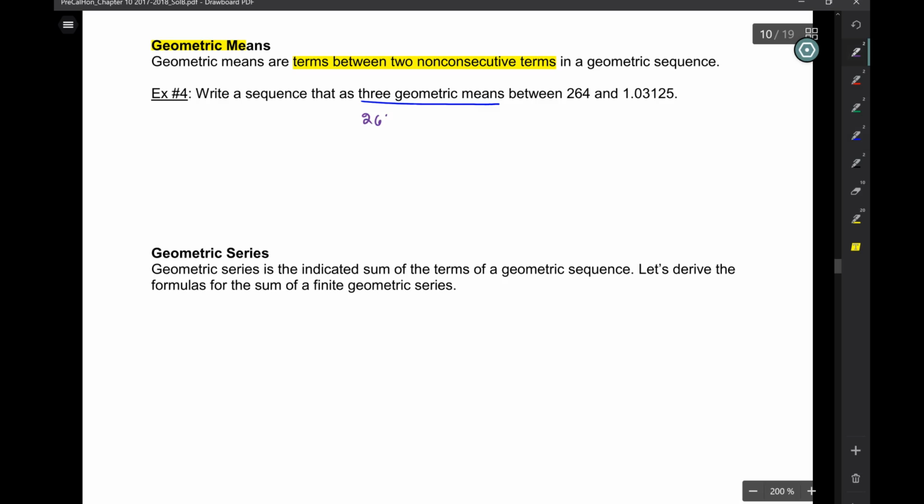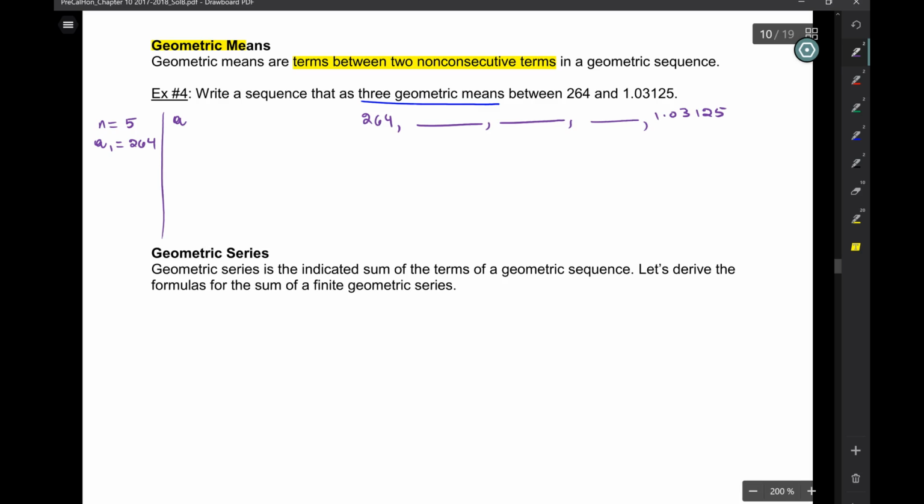So 264, we're going to put in 3 new ones, then 1.03125. What's my n? How many total numbers? 5. And I know what A1 is. It's 264. Okay, I just don't know what R is, but I can totally find R, right?